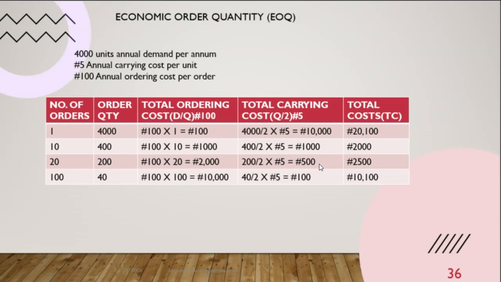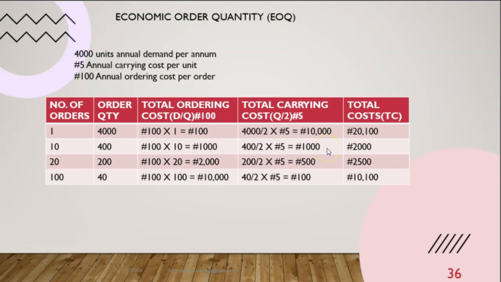There is only one condition where the two costs, the carrying cost and the ordering cost, become equal, and that is when we make 10 orders in a year and we buy 400 units each time, and that is when the ordering cost is 1,000 and the carrying cost is 1,000.